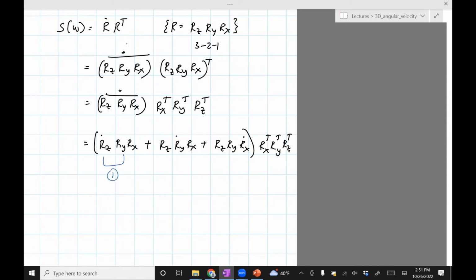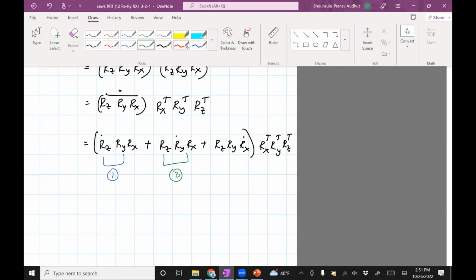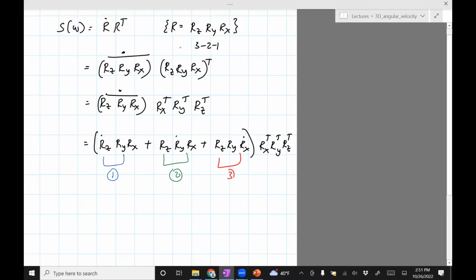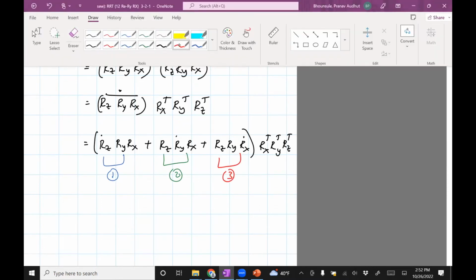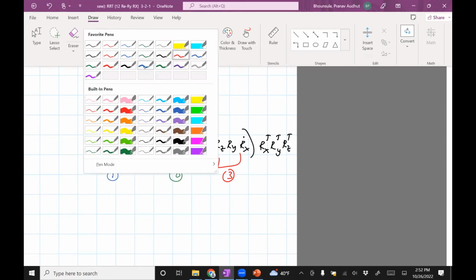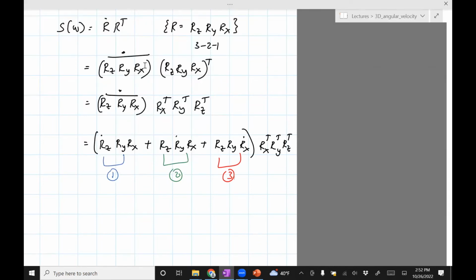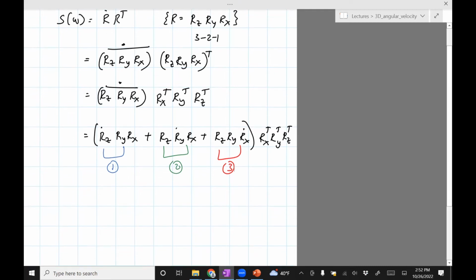Let's call this 1, this 2, and this 3. I'm going to attempt to simplify all three terms individually. We'll do this three times, and we'll probably get the answer to the question: what is omega in terms of Euler rates?